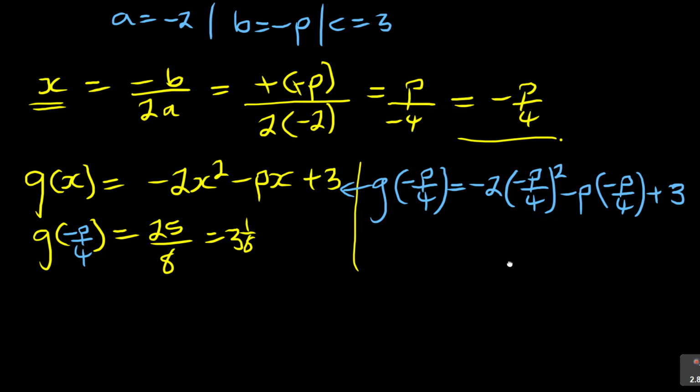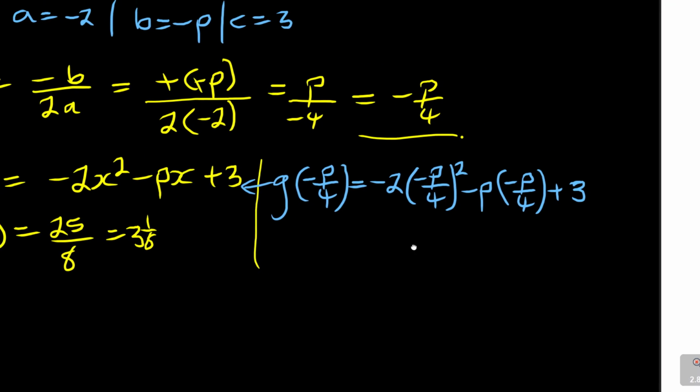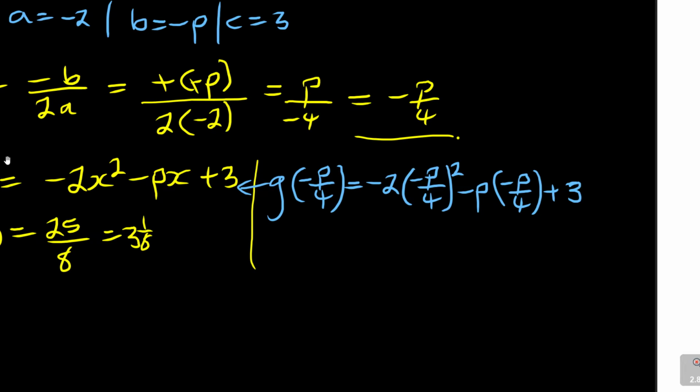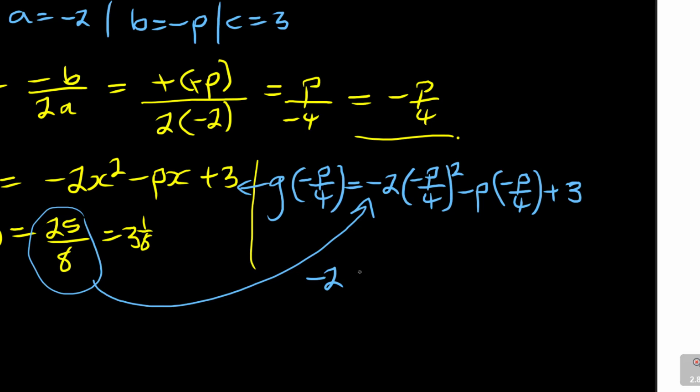So which means I can take these two and equate them. What do I mean? I simplify that to say minus 2. Remember, this is minus p over 4 times minus p over 4. So it's minus p times minus p is p squared, 4 times 4 is 16. So I can have now, bracket, p squared over 16, minus p times minus p over 4 is plus p squared over 4, plus 3.